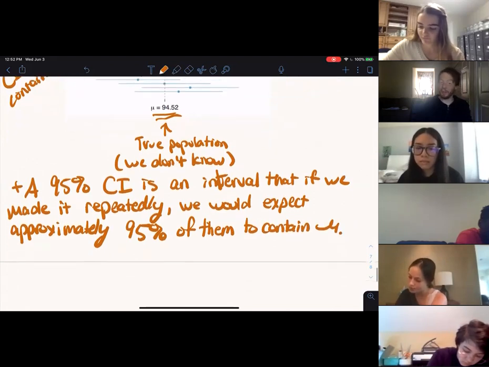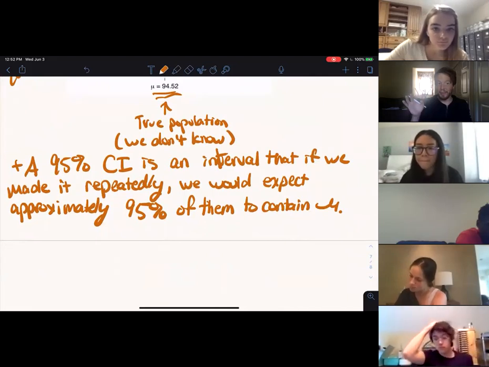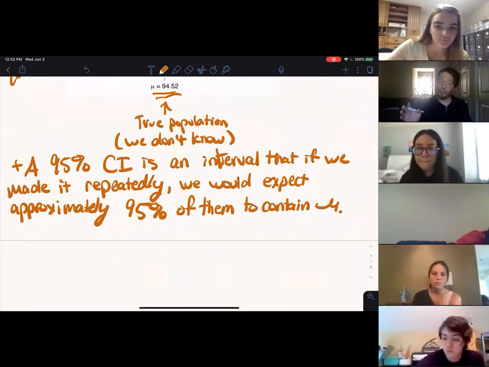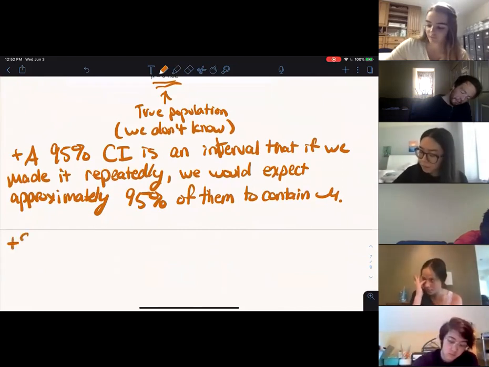All right, so we have our confidence. It's not probability. It's saying that 95% of the intervals made in this way will do what I say they do. So there's a small nuance here.